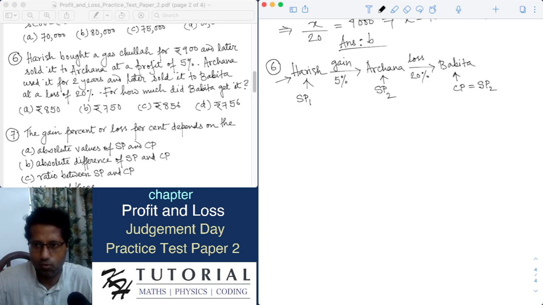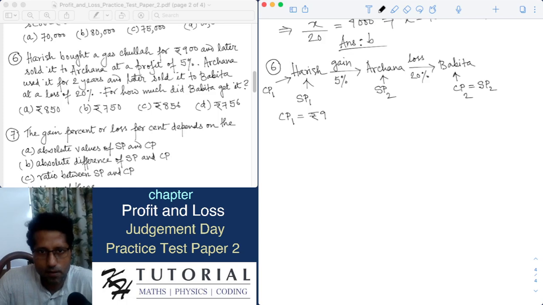Let's say CP2 is the cost price for Babita, that is the price at which Babita purchased the gas chula from Archana, and let CP1 be the cost price for Harish, that is the price at which Harish bought the gas chula. From the scenario we see that CP1 is given to be 900. Now what will be SP1?